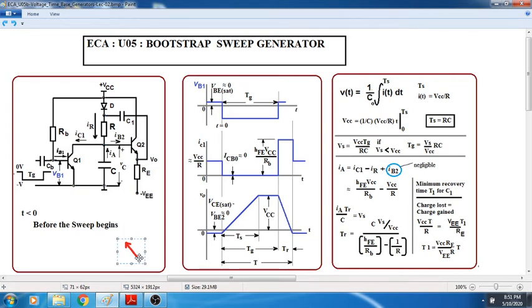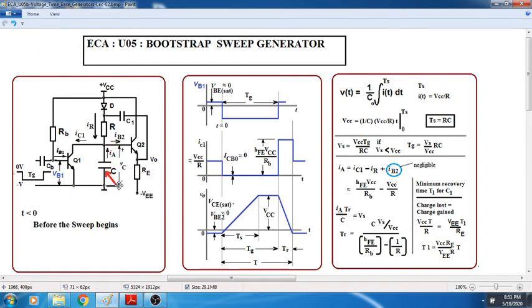If you remember, in the first video lecture we have understood the importance of generating a linear voltage variation across a capacitor while it is charging to a voltage VCC through a resistor R. So we have understood there that a simple RC network will not be able to provide a linear sweep because the voltage across a capacitor will always vary exponentially.